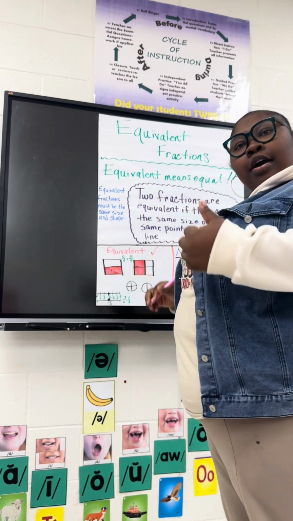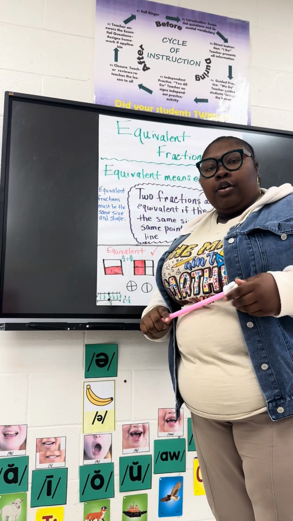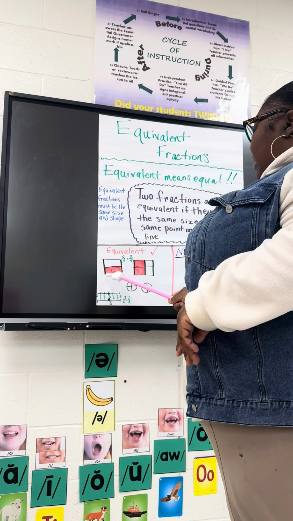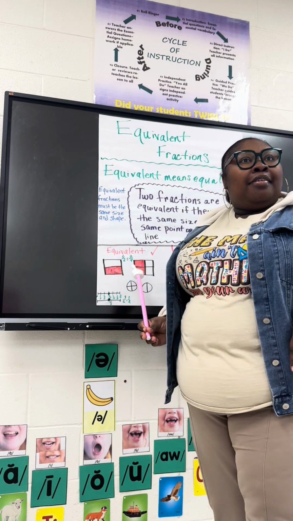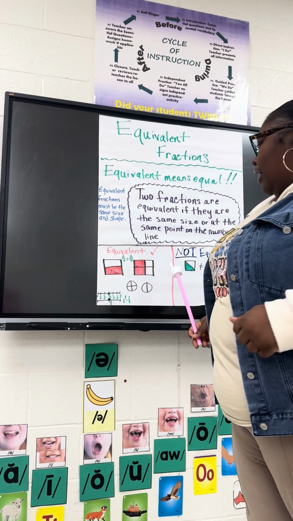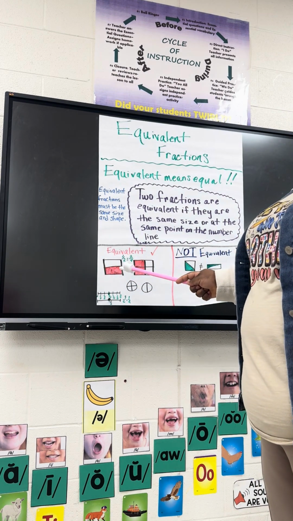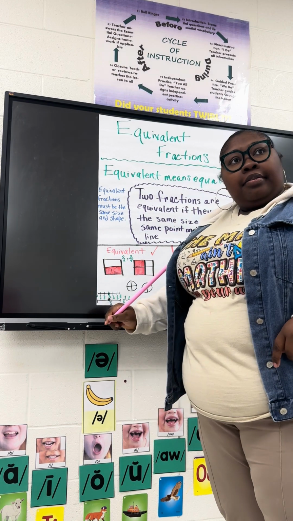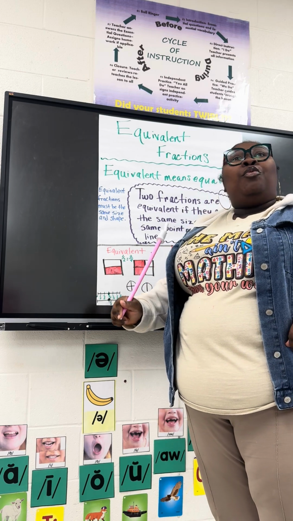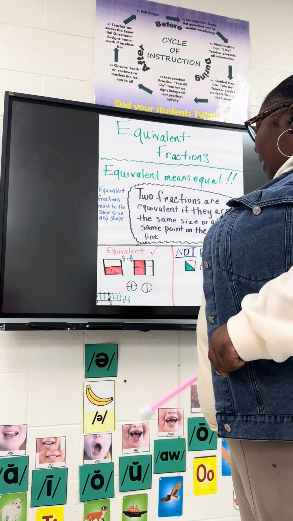Now we're going to talk about some examples of equivalent fractions. What's this shape right here? It is a square. Very good. What part of the fraction is shaded in the first square? 1/2. That is correct.